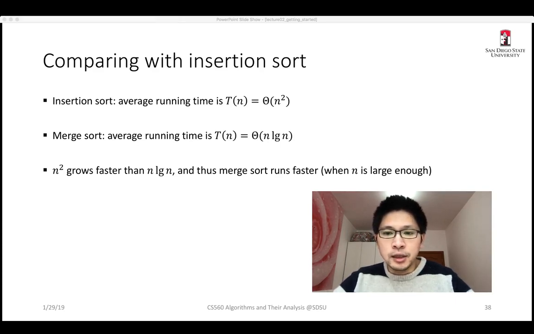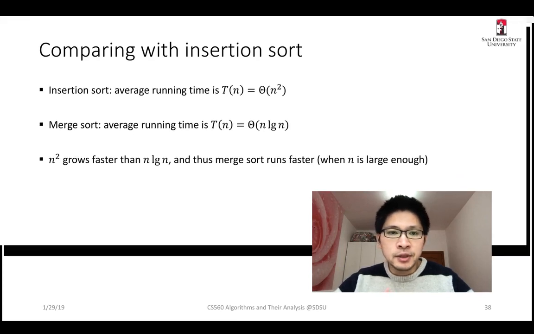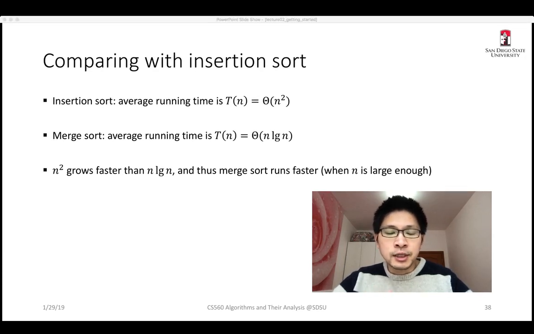In other words, insertion sort runs as fast as a function of n squared, and merge sort runs as fast as a function of n times log n. And as we know, n squared grows faster than n times log n.